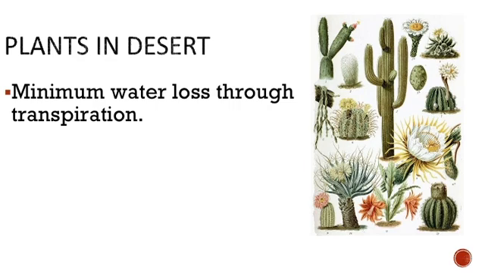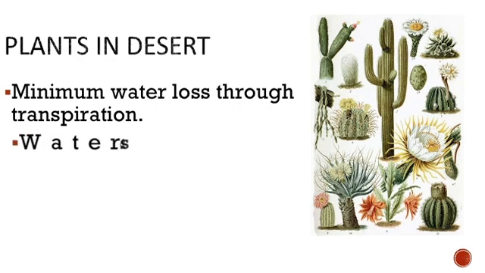Even if you see the leaves in some desert plants, the size of the leaf will be very small, and the number of stomata will also be very few. Therefore, water loss would also be very less.